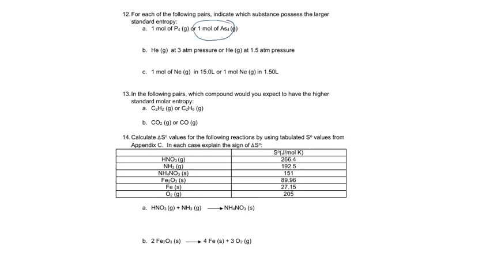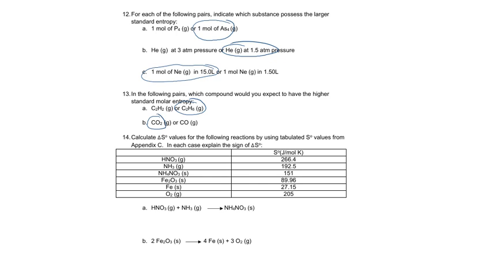Helium at 3 atm or helium at 1.5 atm. The more pressure you put on a gas, the more constricted it is, so the lower pressure is going to have the higher entropy. And 1 mole of neon at 15 liters and 1 mole of neon in 1.5 liters. More volume, more entropy. Here, standard entropy, more atoms is more entropy. So C2H6 has more microstates than C2H2, as does CO2.